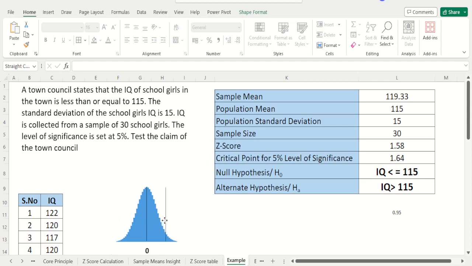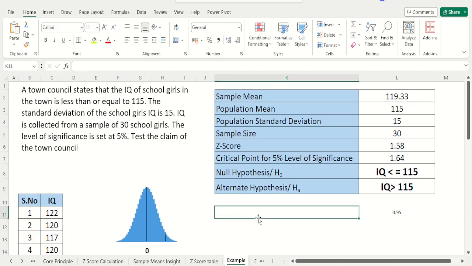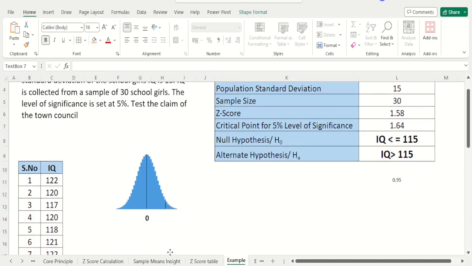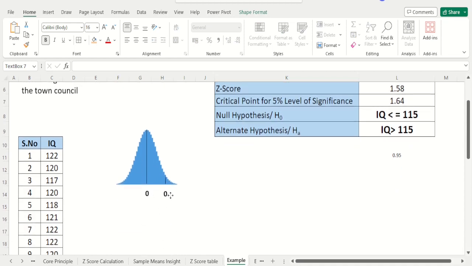Okay. So now that we have 1.64, let's go ahead and look at this visualization. Let's say that 1.64 is this line that we have here, that we've just drawn. And just to make it simpler for us, we can just call it 1.64. Okay, there we are.